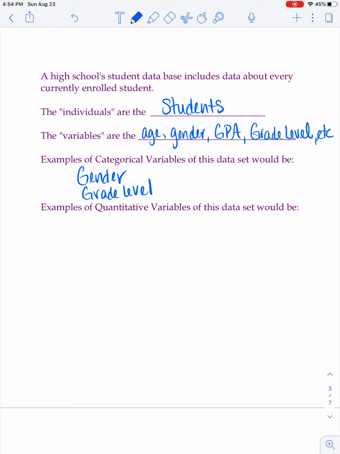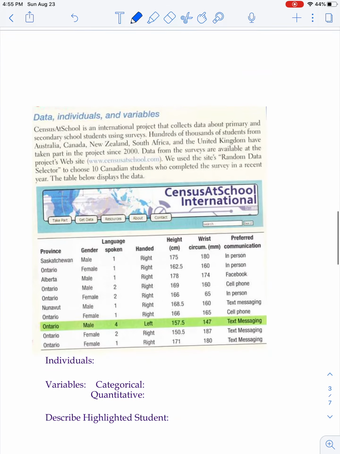It's just the name of the category that we're putting you in. Another categorical variable might be your zip code. That kind of puts you in a geographical category. Examples of quantitative variables would be your age, because it would make sense to find the average age of somebody in a particular group, and GPA would be another one.